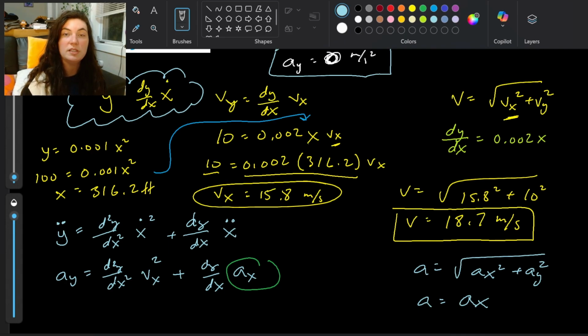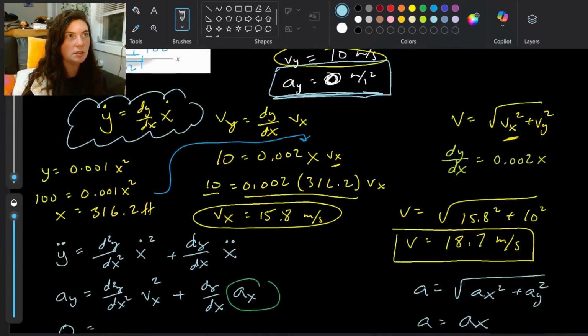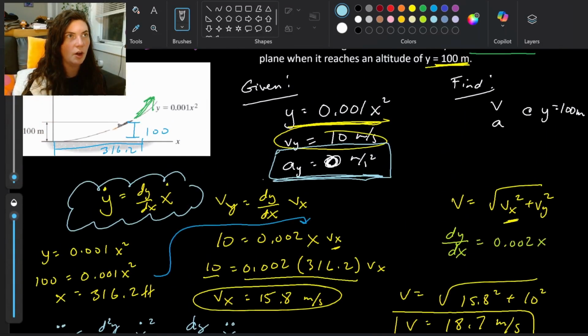So ay, we said we already had. It was given to us in the problem statement. We just established ay is 0. No acceleration in the y direction, constant velocity there. Then I need to take the second derivative of that y function with respect to x. So my first derivative, did we put that somewhere? Oh, we put it just in the equation. Let's go ahead and write that out.